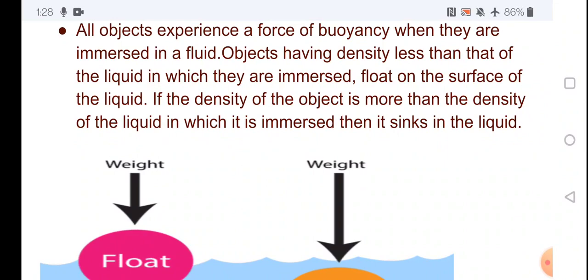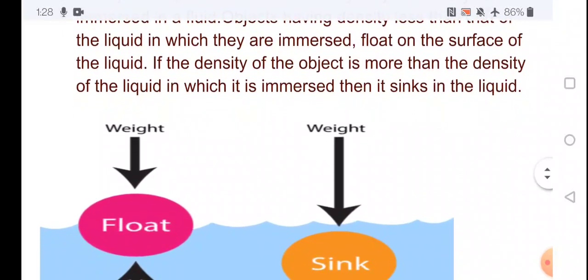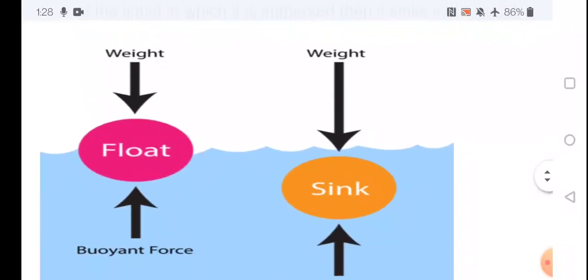If the density of the object is more than the liquid, it will sink in the liquid.